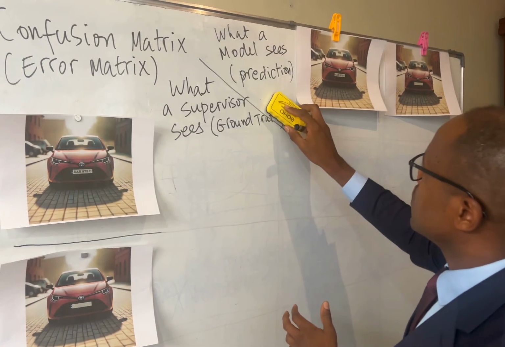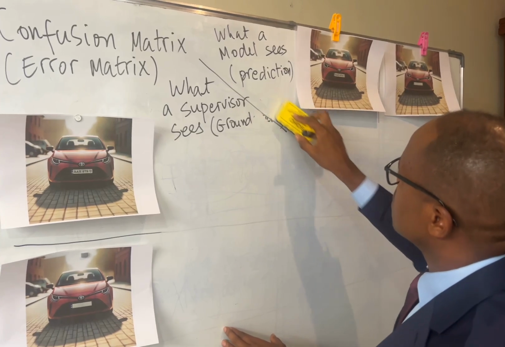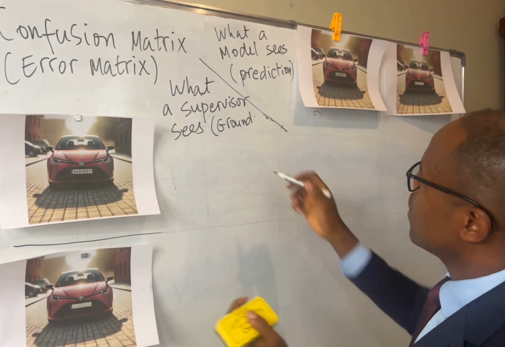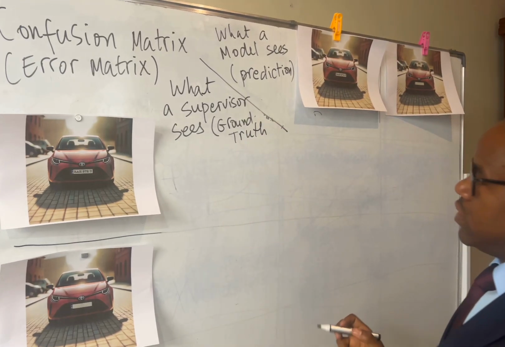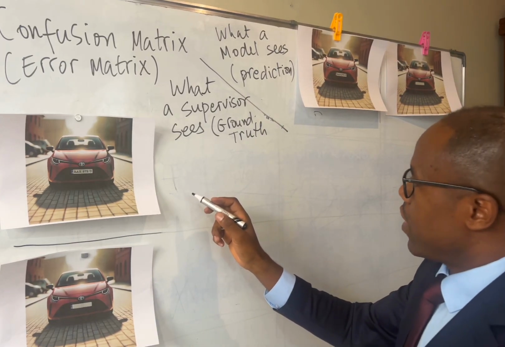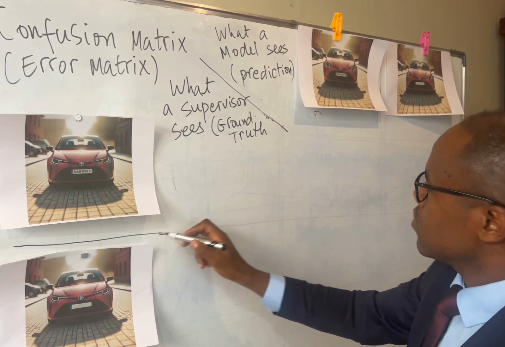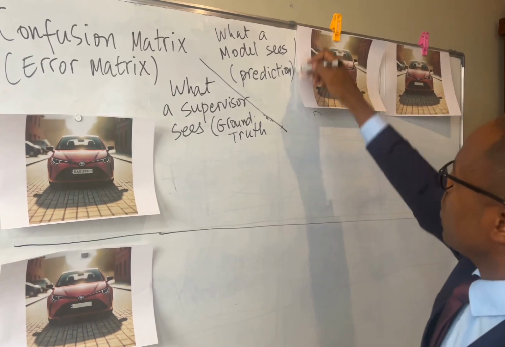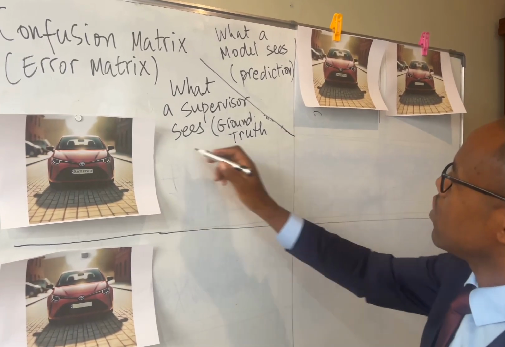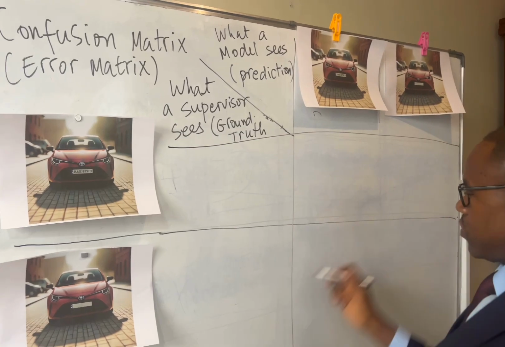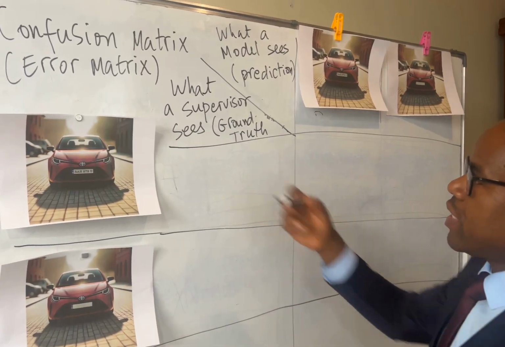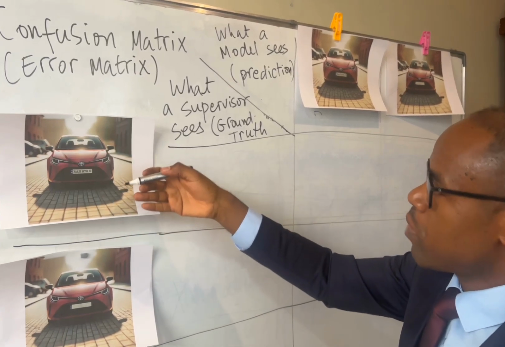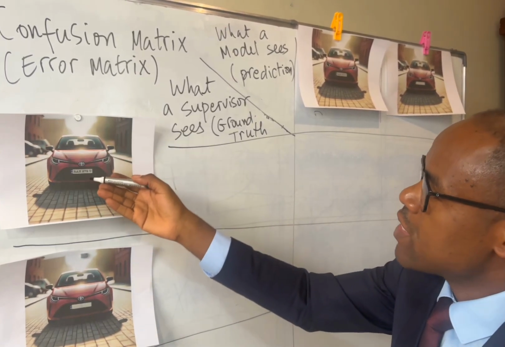Let's begin with ground truth. Let's first draw a table. This is what I see as a supervisor. I see the number.